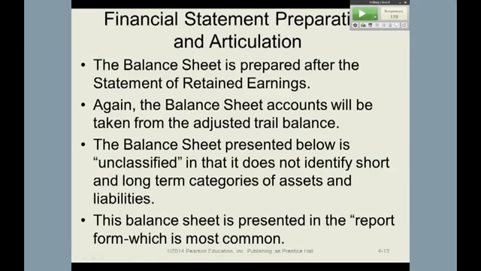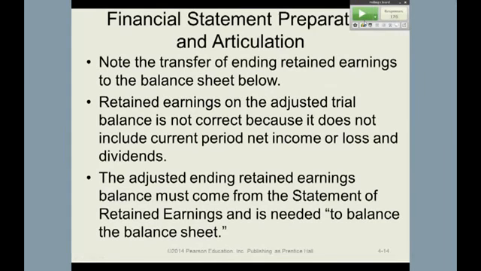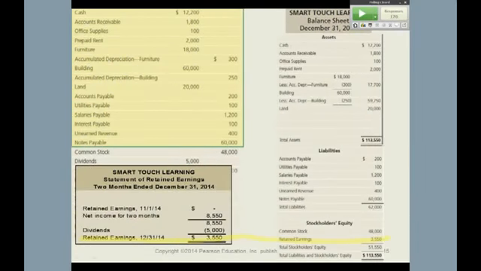The type of liabilities you have, and the time frame in which the liabilities are going to be paid. And this is where we get our classification as either current or non-current. So the balance sheet could show the assets as either current or non-current. Liabilities could be shown as current or non-current as well.